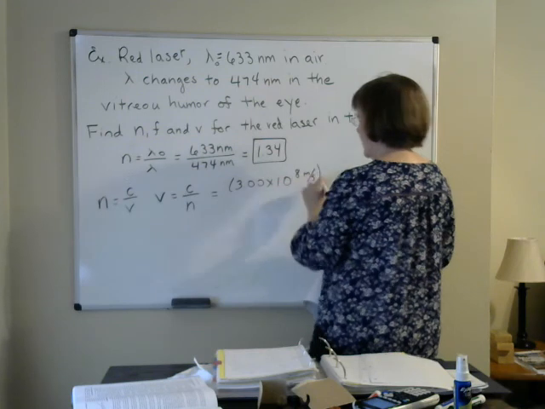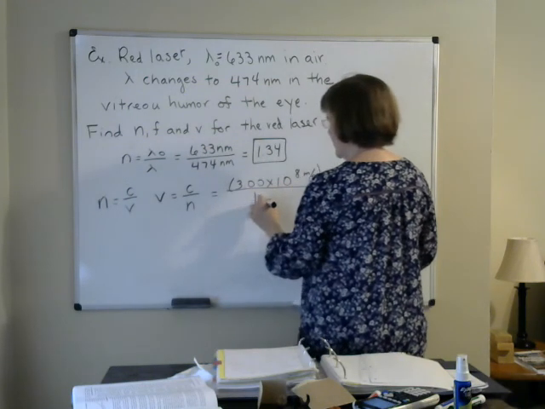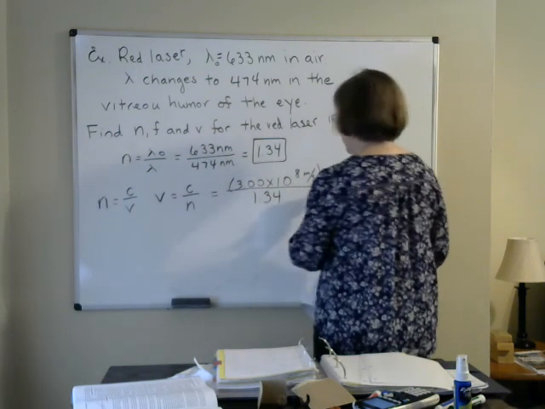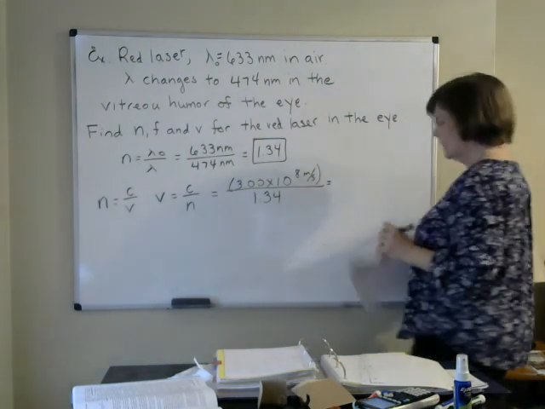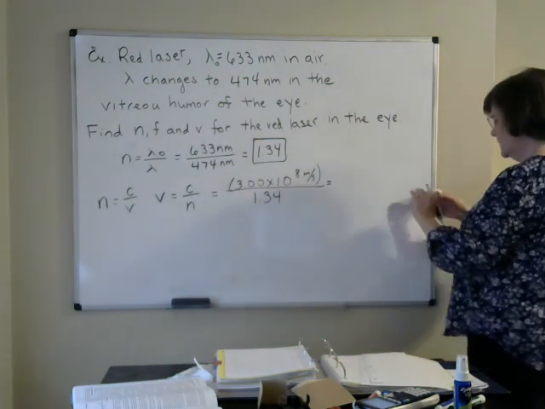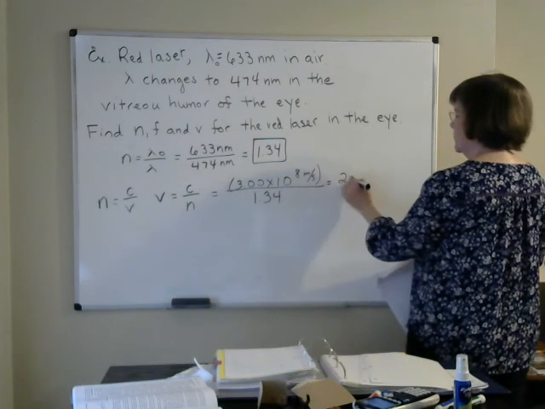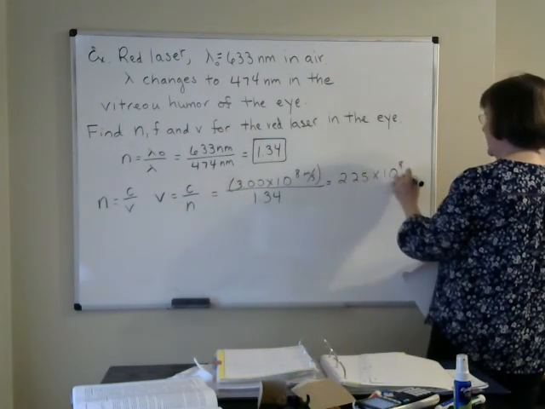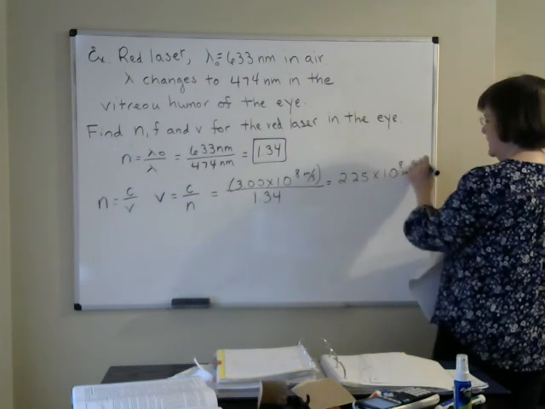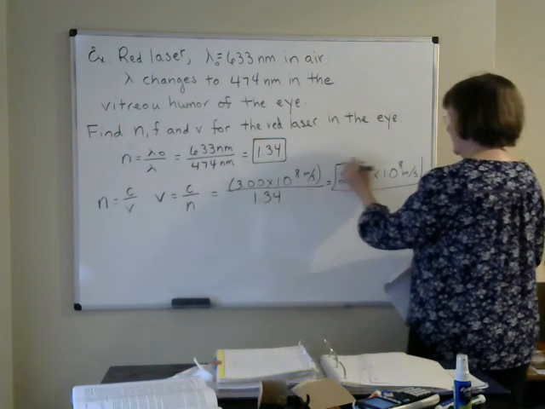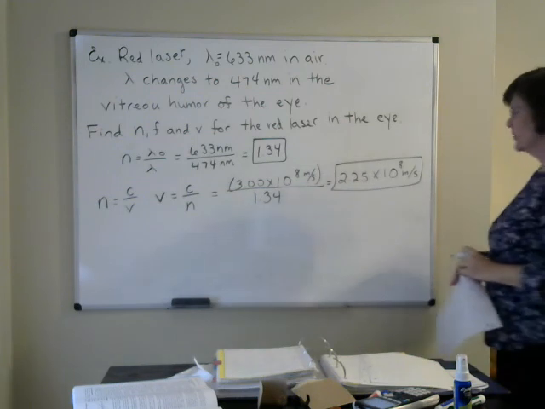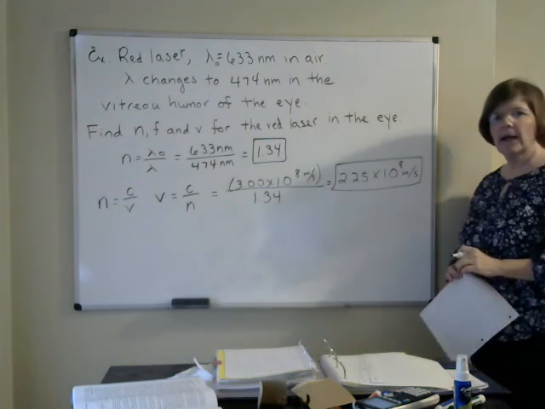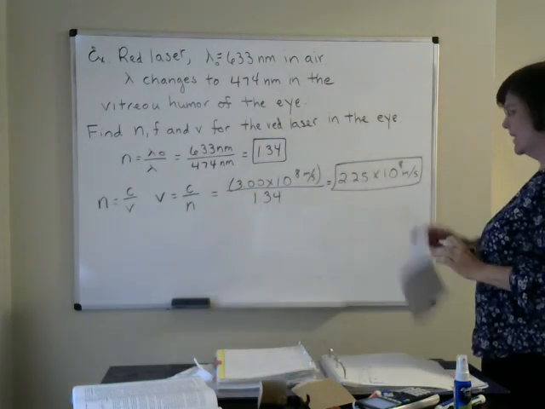We're dividing that by N, which has no units, 1.34. That means the speed in the eye slows down. It comes out to be 2.25 times 10 to the 8th meters per second. That's pretty much the speed of light in water or in your eye.